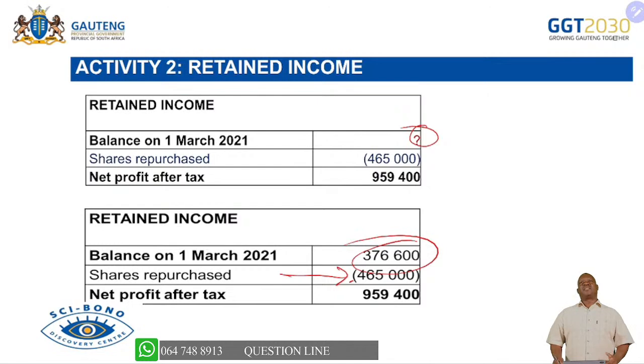You bracket it because it's a reduction of the ordinary share capital, a reduction of retained income, and even a reduction of the cash the business has, because we pay for those shares. So we have got the net profit after tax, it's given already.